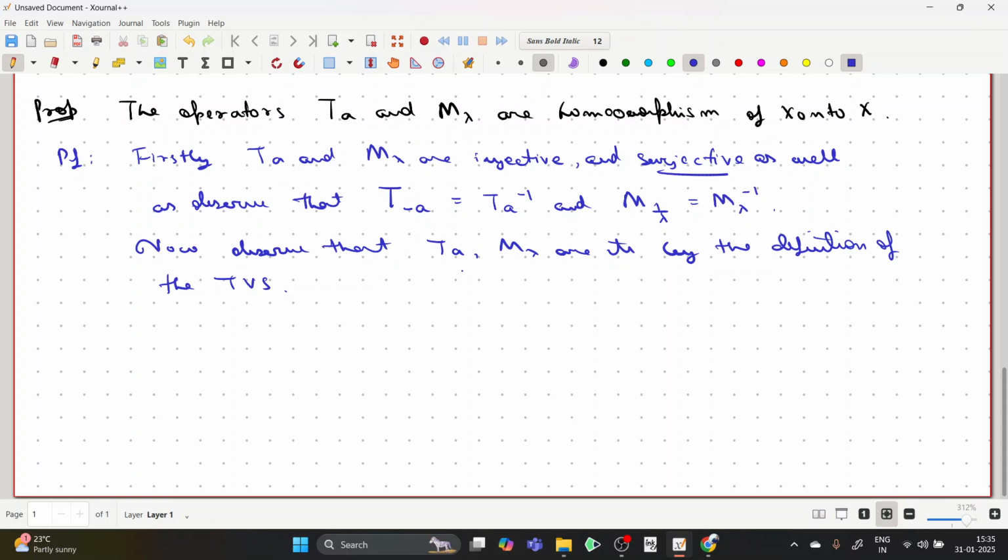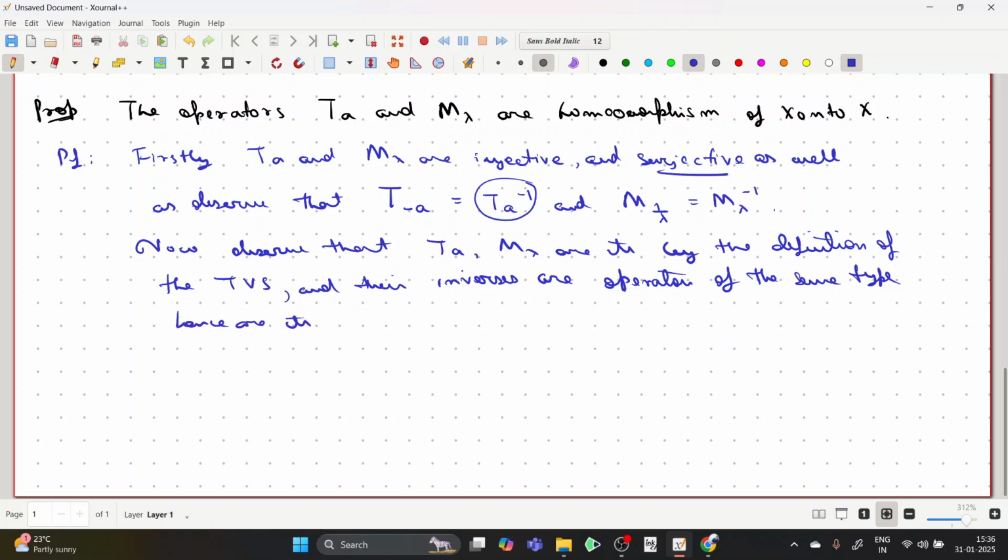So, they are continuous by the way they are defined. In fact, what we are getting here is that the inverse maps are also operators of the same type, and hence are continuous as well. Thus, TA and M lambda are continuous maps, they are bijective, and their inverses are continuous as well.